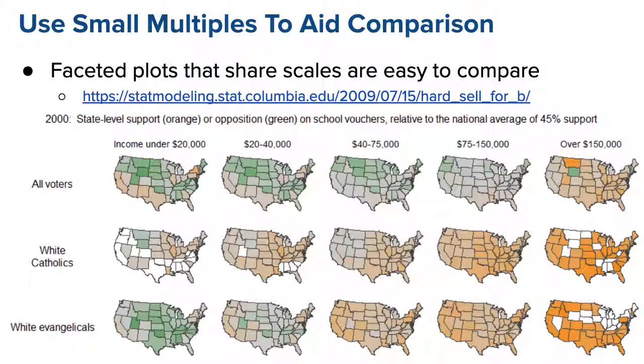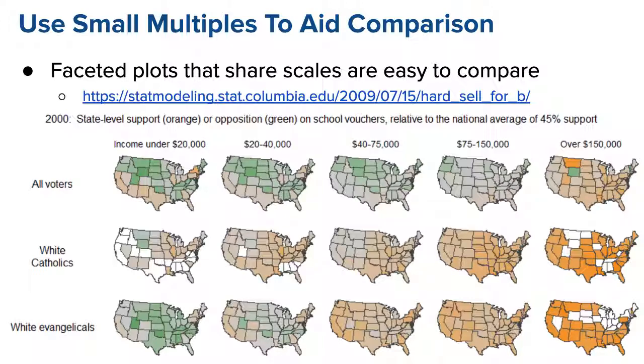We have here people who make under $20,000 to people who make over $150,000 a year on the columns. And in the rows, I have subgroups of voters. We have all voters on the top row, white Catholics on the second, white evangelicals on the third. And this complete plot, which I've linked in the slides, has a bunch of subgroups that you can compare against.